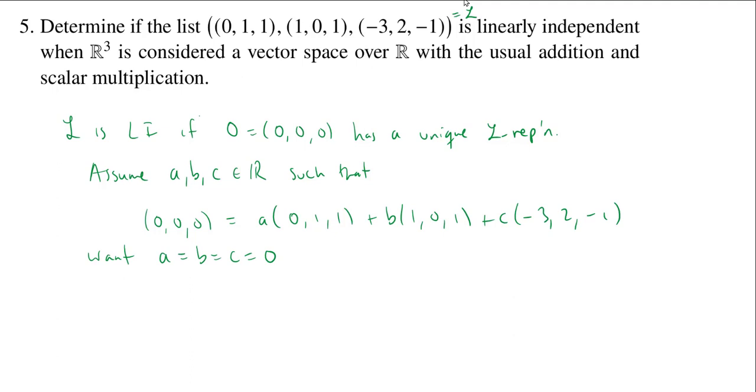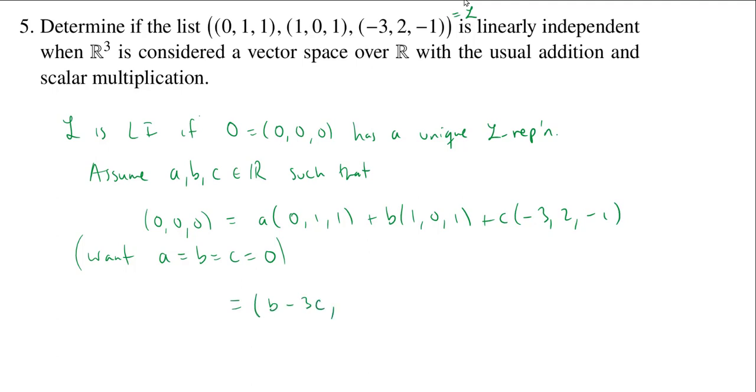But we can use this to get a system of equations. Let's just distribute the A, B, and C and add everything together. In the first component, I get A times 0 plus B times 1 plus C times negative 3, so that's B minus 3C.